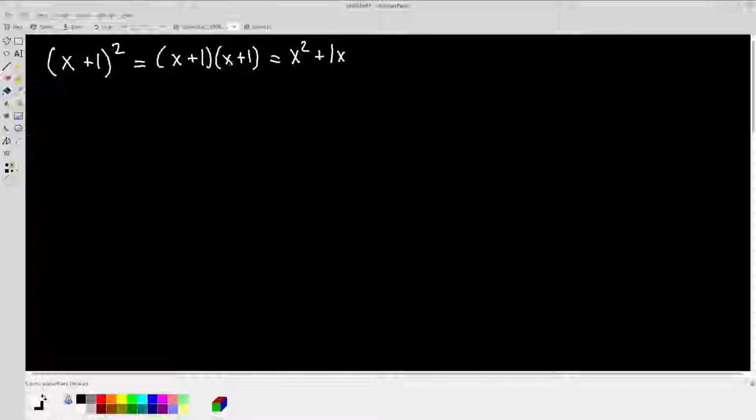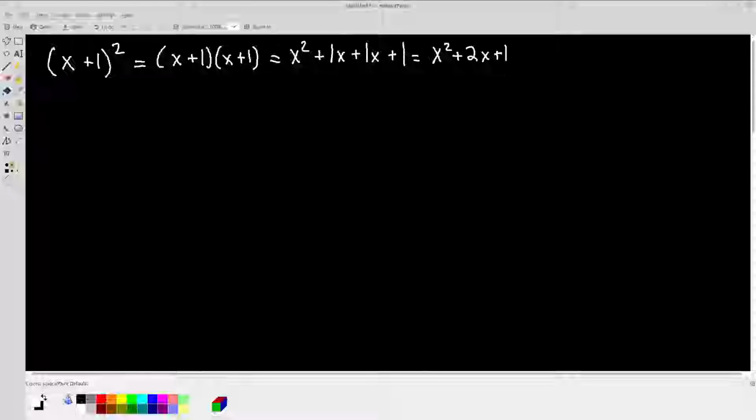You do the other term, x times 1, and get 1x again. Then 1 times 1 gives you 1. Then you collect like terms and get x squared plus 2x plus 1. This is what you get if you square a binomial.